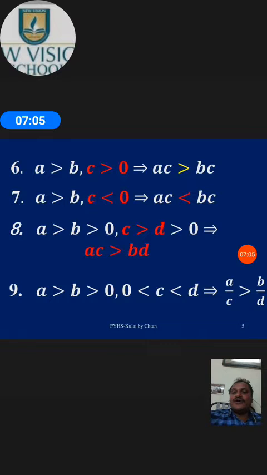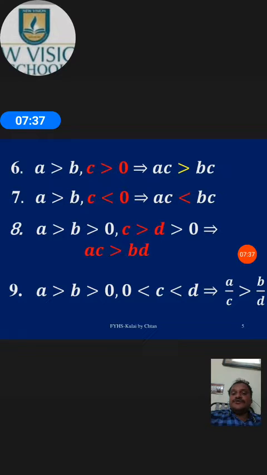Now we have an important eighth property of inequalities. a is greater than b and greater than 0. That means both are positive. c is greater than d and greater than 0. That means a, b, c, d are positive numbers. Then we can say that a into c greater than b into d. It's very obvious. For example, 10 greater than 8.